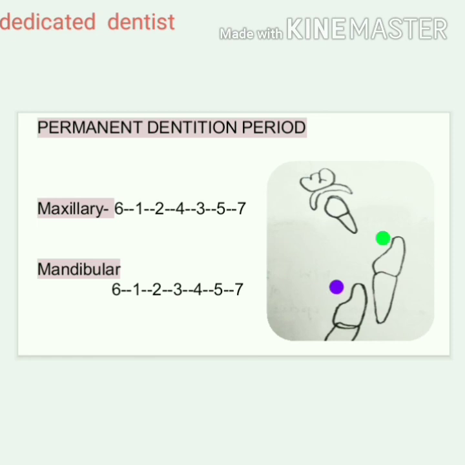So these permanent incisors are more lingually or palatally placed. You see how they are lingually placed as compared to the deciduous incisors. So this is how they erupt, and when they come into the oral cavity, the deciduous incisors are upright, and these permanent incisors appear more labially inclined.